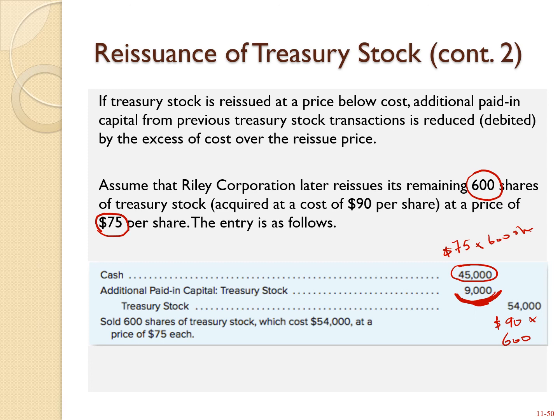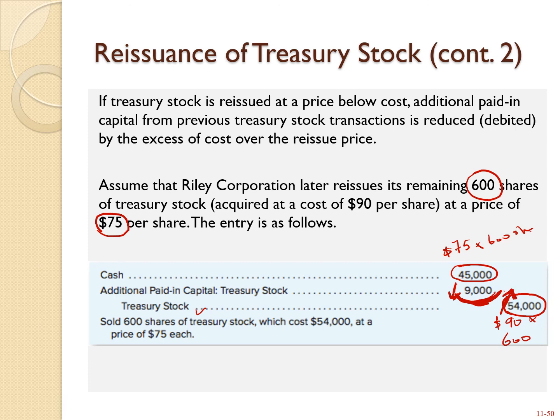So now your equity increased by 54,000 because treasury stock decreased by this amount, and at the same time it decreased by 9,000. So this is a reduction in equity, and this is an increase in equity.